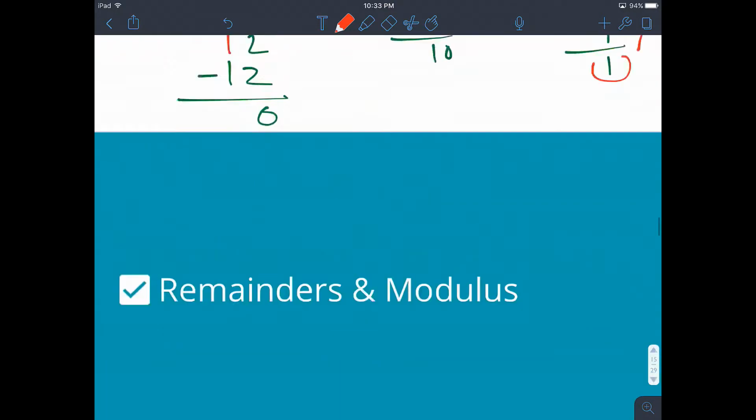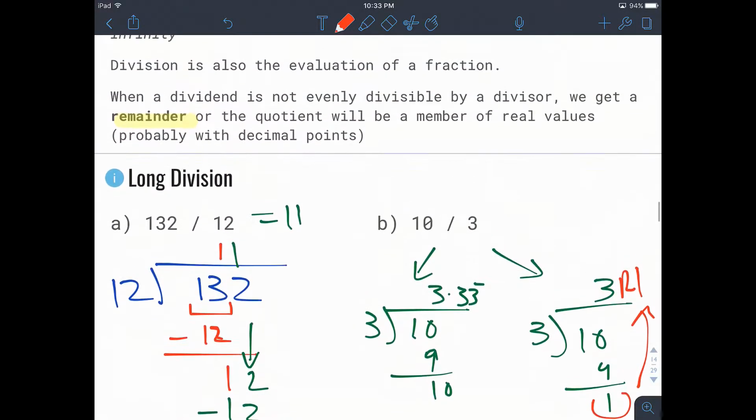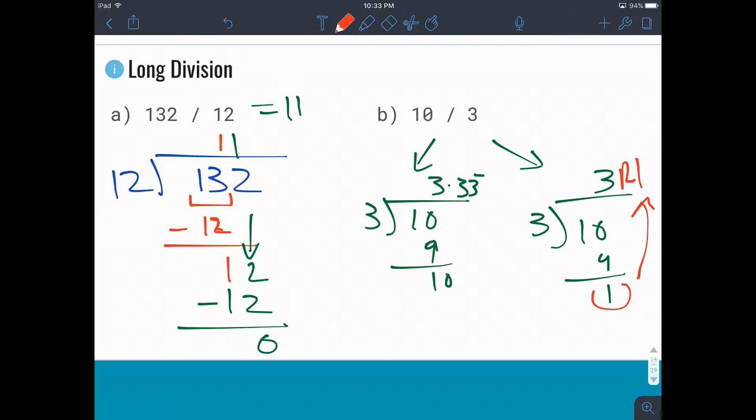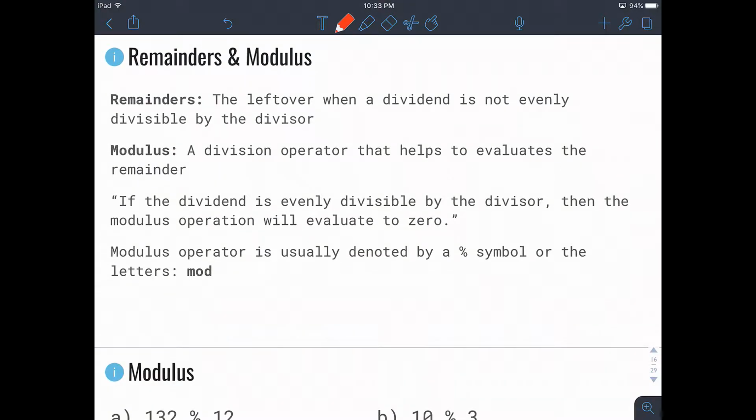So if you go back to these top examples, 132 divided by 12 will give us a 0 remainder, whereas 10 divided by 3 will give us a remainder of 1. And the modulus operator is usually denoted either by the percent symbol or the letters MOD.